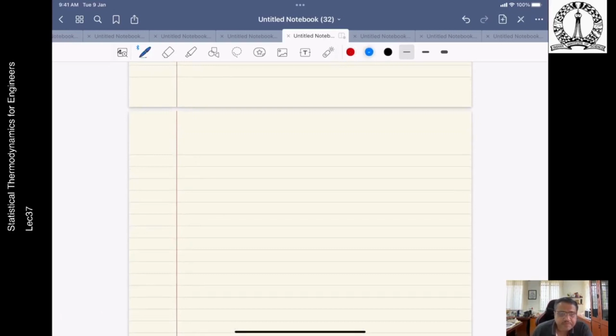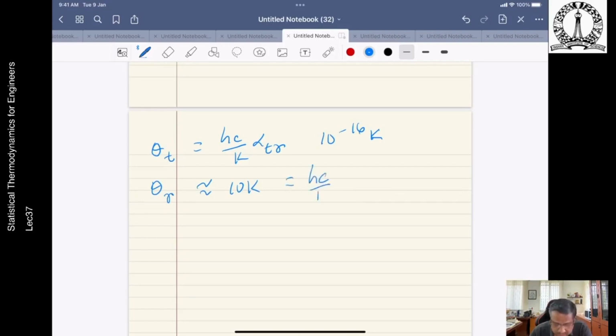For example, theta T, which is the translational temperature, is hc by k into alpha TR, and this is roughly of the order of 10 to the power of minus 16 K. Then of course, theta rotation, written as theta R, is approximately 10 K, and that is equal to hc by k into Be.